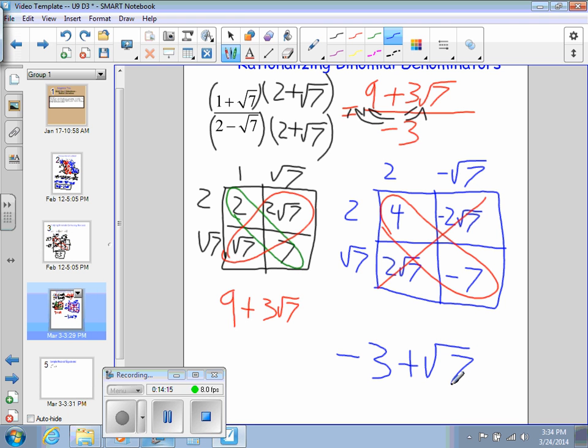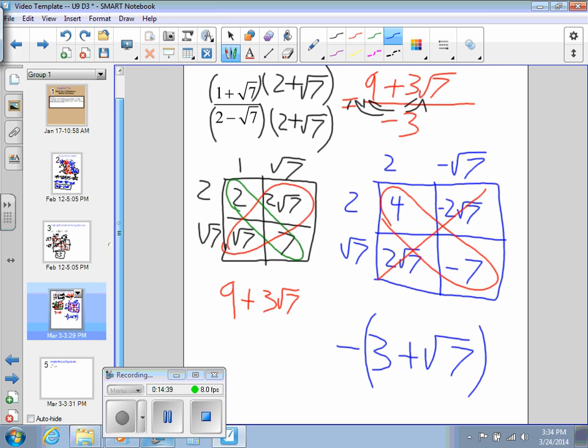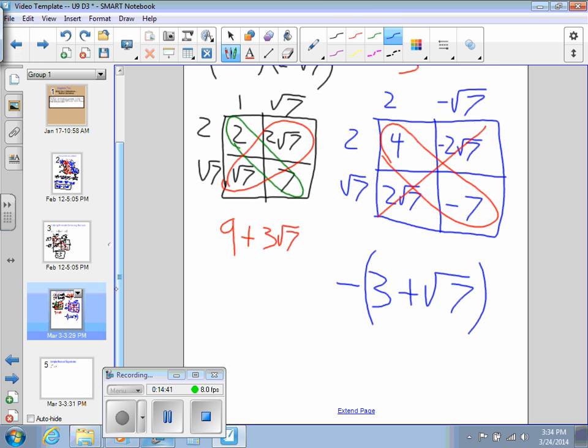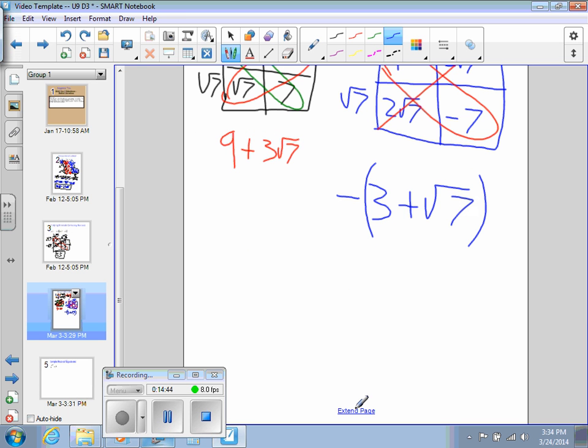Again, I took the negative out front, and then I distributed. Now, as the fraction is gone, notice I had to put the parentheses there. There were two ways we could have dealt with this. One, we could have just distributed dividing by negative 3, or now I'm going to have to distribute this negative to get it fully simplified, because this negative applies to both terms.